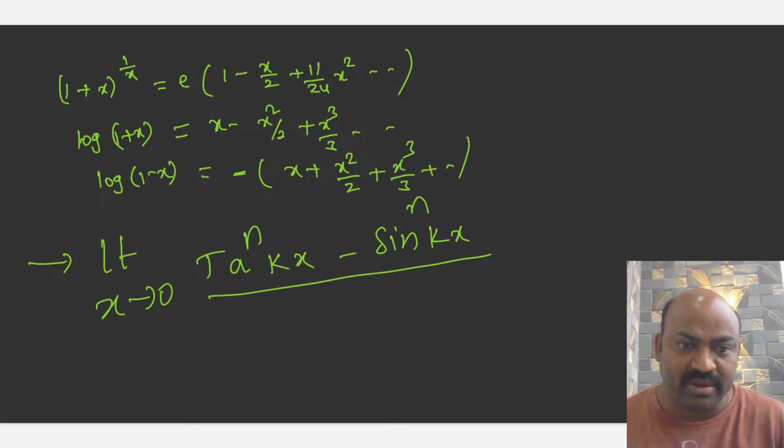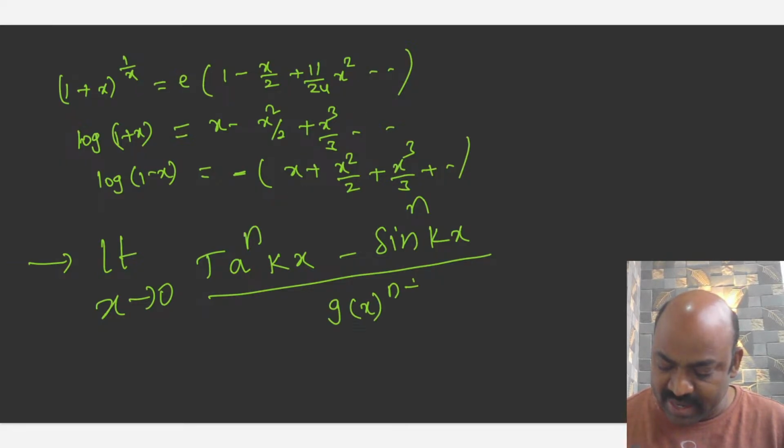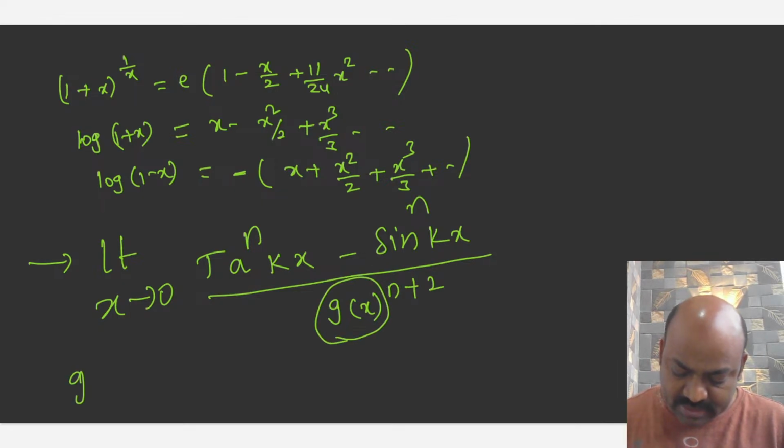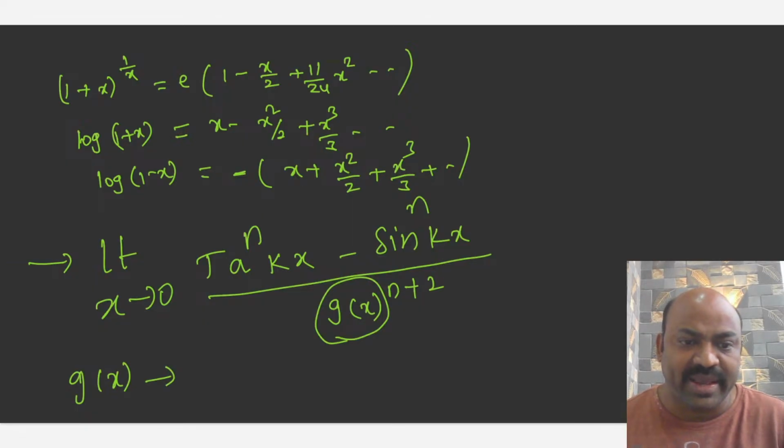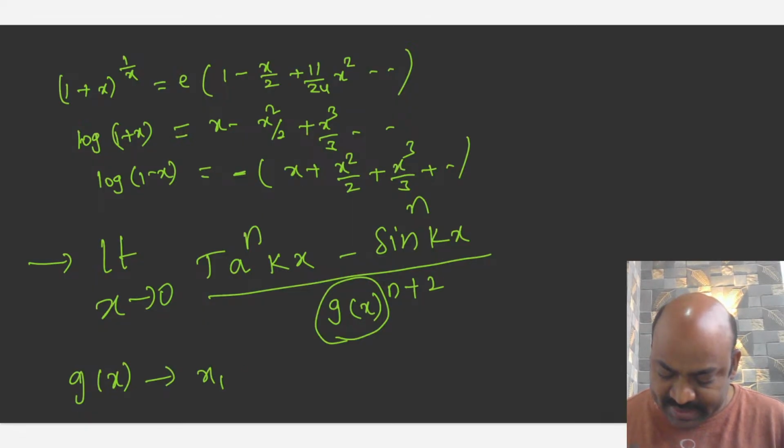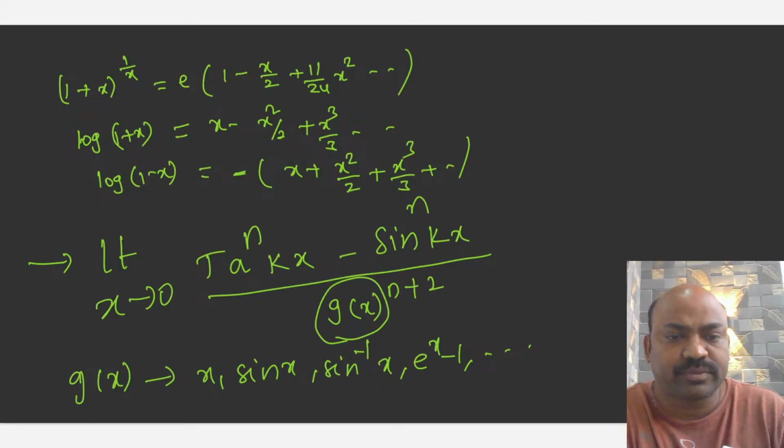That's a simple thing, right? So I have g(x)^(n+2). And don't forget, here our g(x) is all our standard limits. You can take anything, like x, sin inverse x, e^x minus 1, or whatever you have.